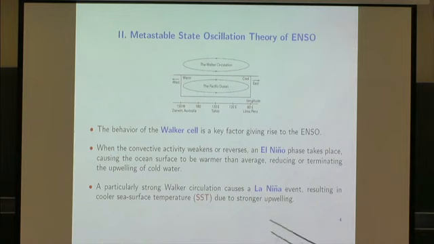This whole thing is related to sea surface temperature, because people can measure the pressure difference between Darwin and other places. So this is the phenomenon. It's an oscillation on the order of 2 to 7 or 8 years, an interannual oscillation in climate.